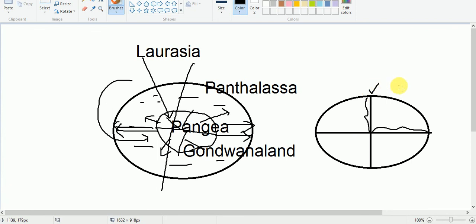We have more gravity, more force of attraction, at the poles as compared to the equator. That is why objects are forced to move towards the pole, since gravity is more at the pole. Why is gravity more at the pole? Because the distance between the pole and the center is less, and because of this poleward fleeing force, the continents are drifting in different directions. This is according to Alfred Wegener.